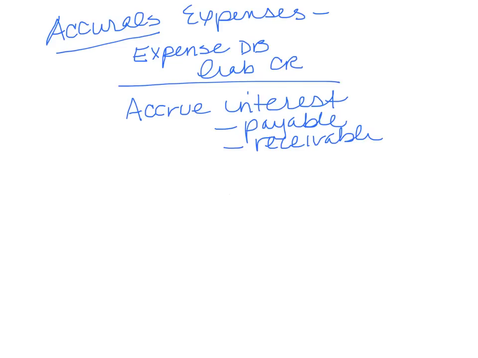The formula for calculating interest is principal times rate times time. What that means is the amount of the note, whether it be receivable or payable, the rate of interest that's being charged, and the time in which you're holding that note.